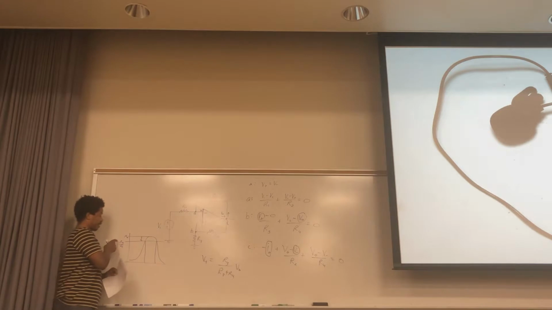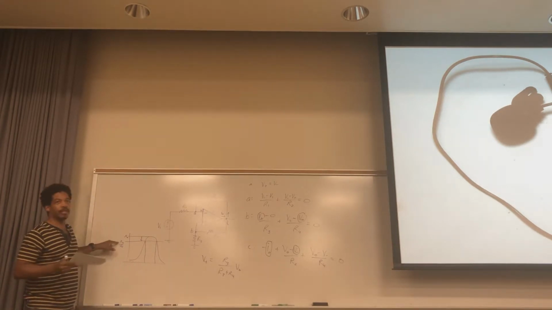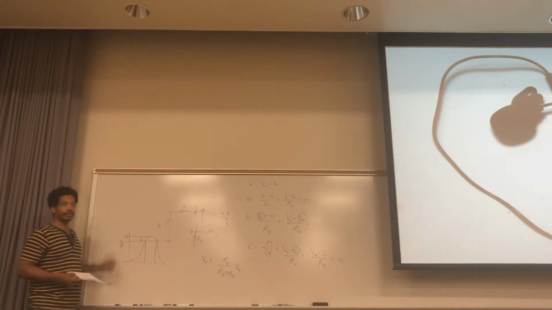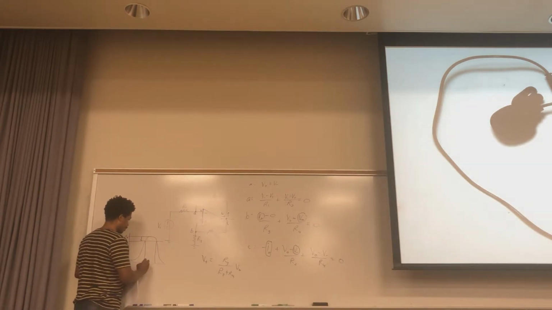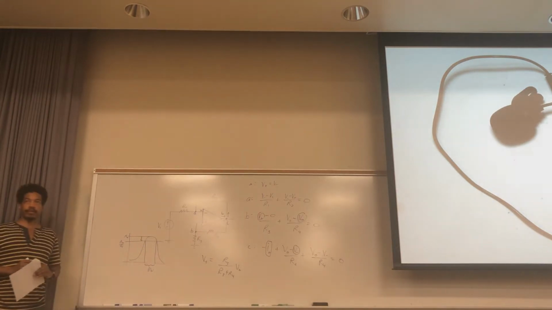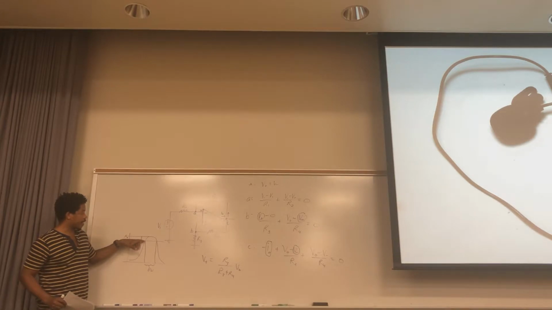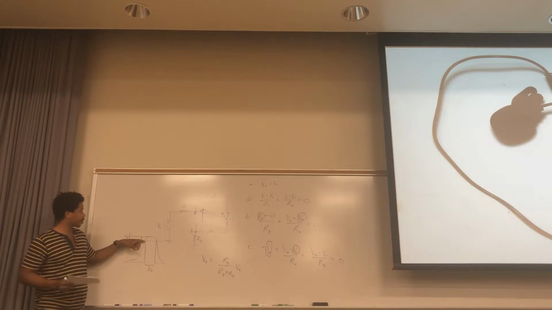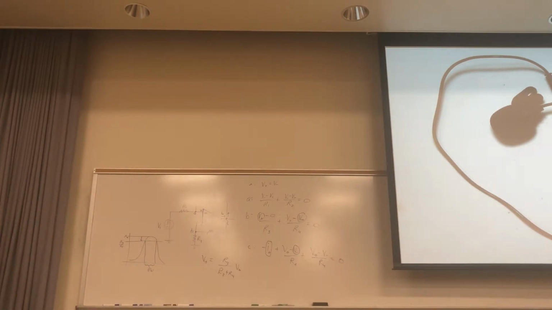Or if you did your A0 in decibels, you could say how many decibels that was minus 3 decibels. Either way is fine. And this right here is the bandwidth. So that value right here is the value at half the power, or 1 over square root of 2 times the amplitude. I mean, not the frequency, the amplitude.